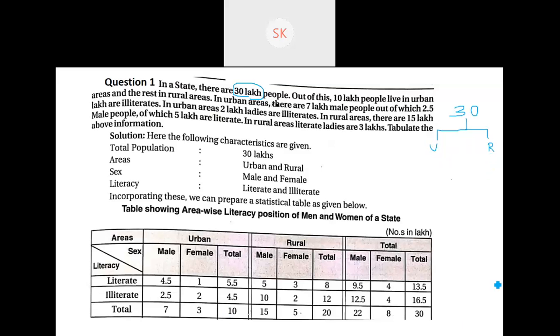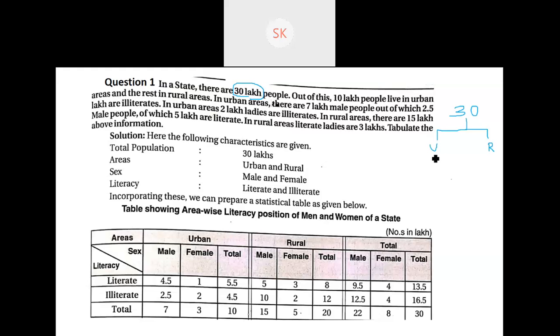Now, after this, in urban area, what is the next classification? Let's see. In urban areas, there are 7 lakh male people.